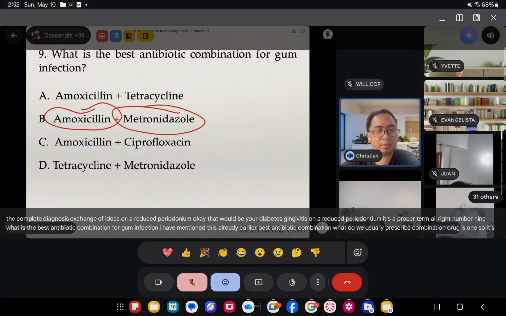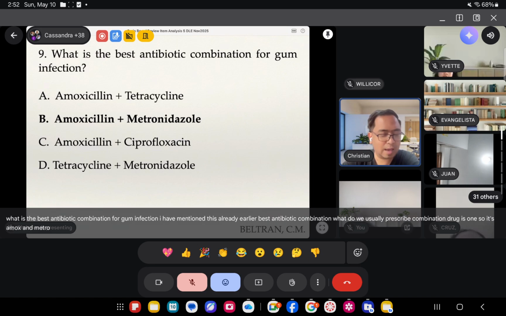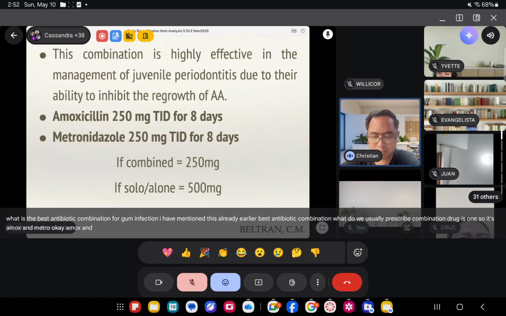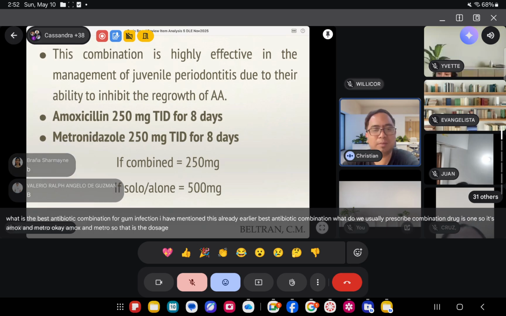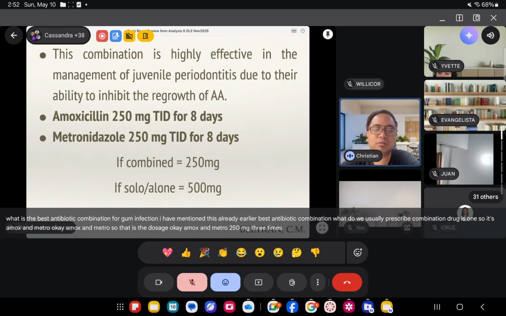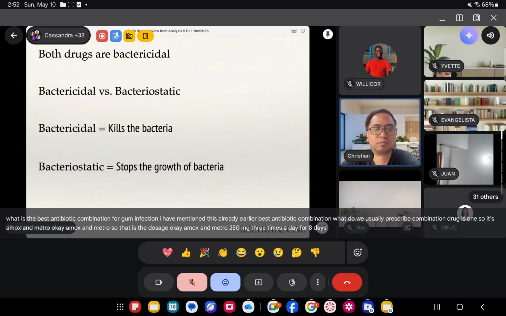So it's Amox and Metro. That is the dosage: 250 milligrams 3 times a day for 8 days. So both drugs are bactericidal.